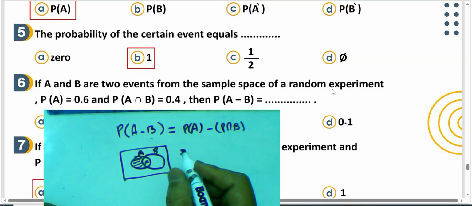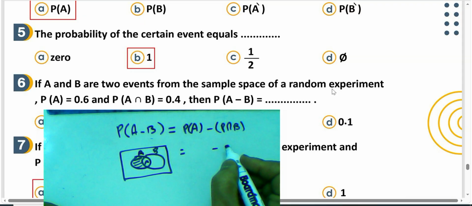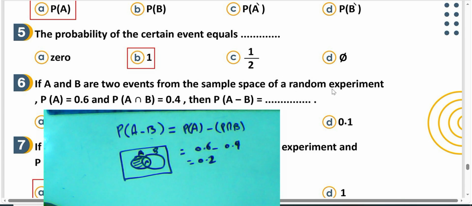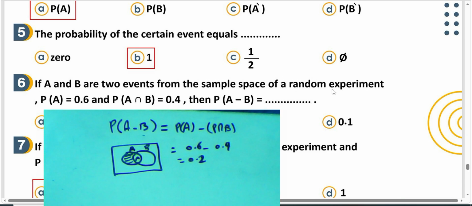So you can write 0.6 subtracted by 0.4. The result will be 0.2. Means the answer here will be 0.2.